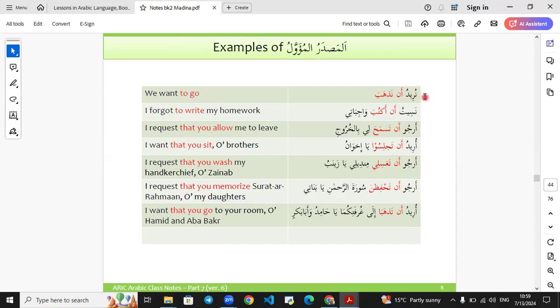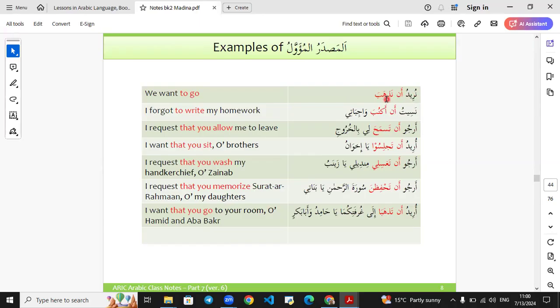That's why we have na in nurid. Remember, all present tense verbs, fi'l mudari, begin with any of the four: alif, nun, ya, or ta. So if you want to see if a fi'l is a mudari, you look at the four possibilities of start, which are alif, urid, nun, nurid, ta, turid, ya, yurid. These are the only ways a fi'l mudari can start. So let's look at here. Nuridu an nadhab.